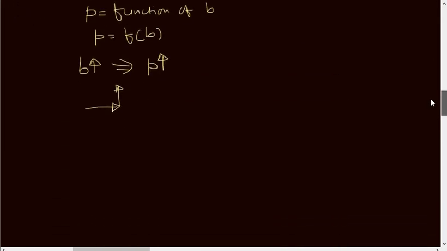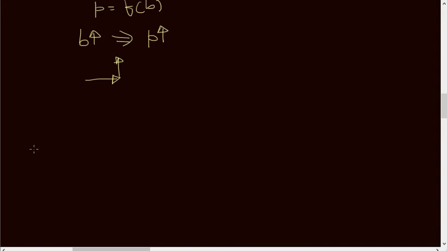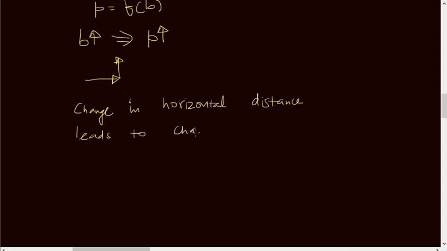So what we did, we showed you that perpendicular distance is a function of horizontal distance. A change in horizontal distance leads to a change in vertical climb.